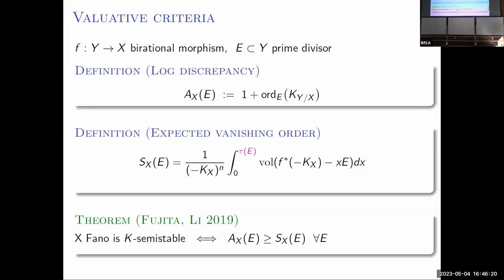And actually, after proving this, Fujita went through the classification of Fano threefolds and checked in many cases. He would look and find some suspicious divisor E on the Fano and then compute this invariant for it. And in this way, he proved that many of those Fanos were not K-polystable.